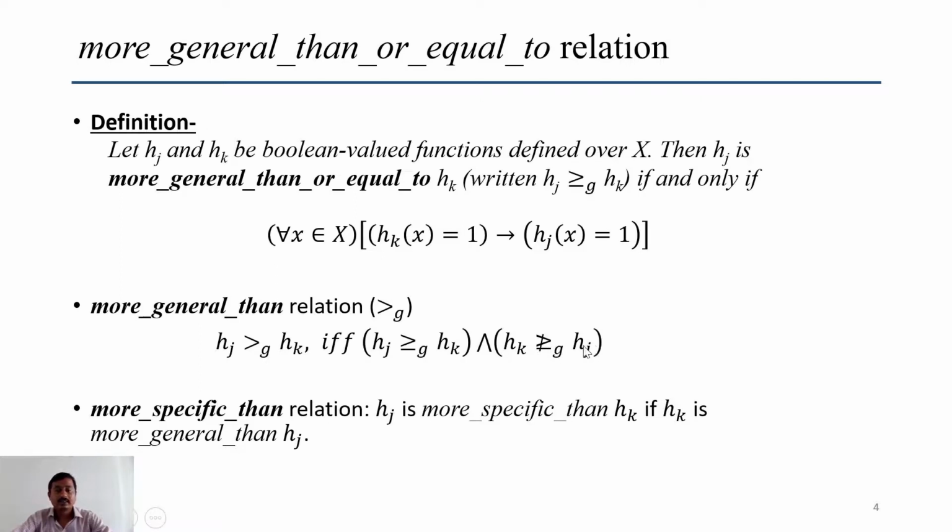It will be strictly more general than. Sometimes the inverse of this relation is more useful, which is known as more specific than. So hj is more specific than hk if hk is more general than hj, which is exactly the inverse. So we can say that h1 is more specific than h2.